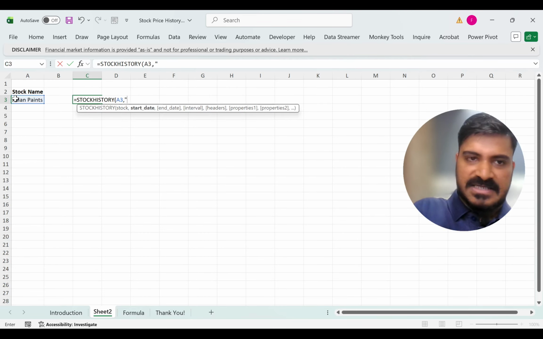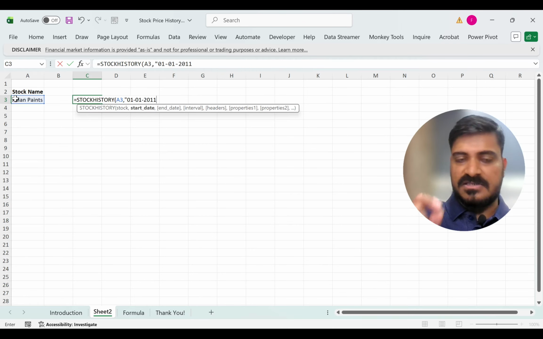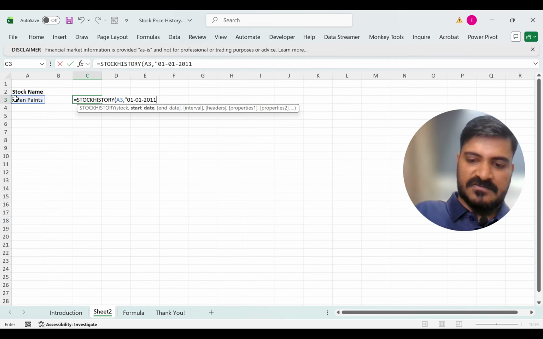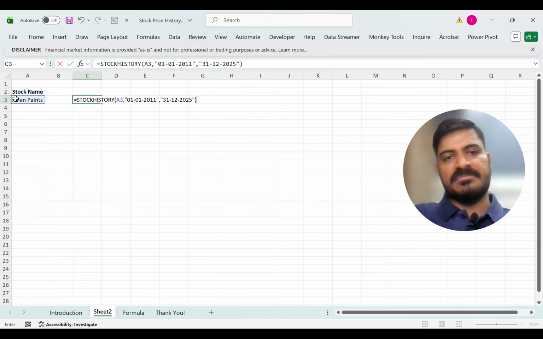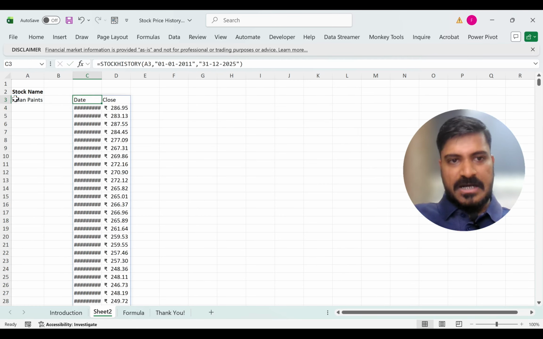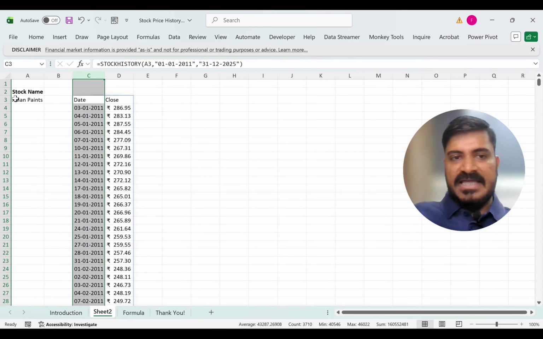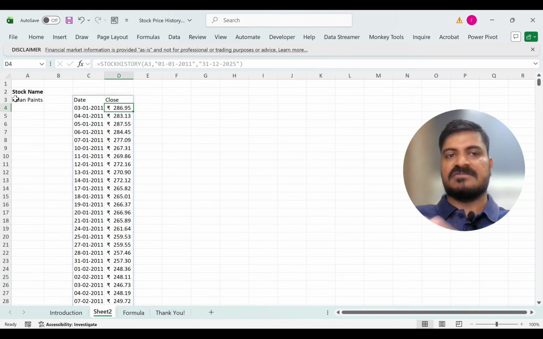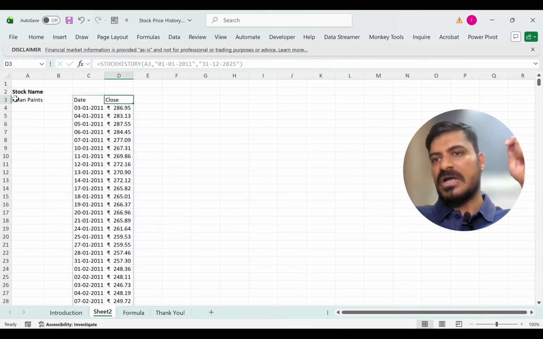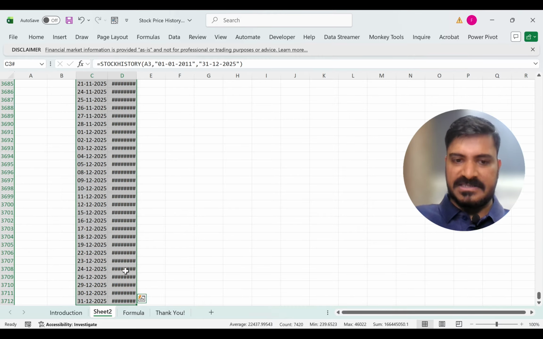Here in this case, I have taken 1st January 2011, and I want it till 31st December 2025. So this is the time gap in which I require the prices. Now, if you see, Excel has automatically detected the stock name, and it has given me the data in just one formula.